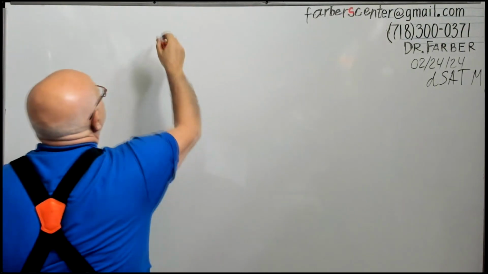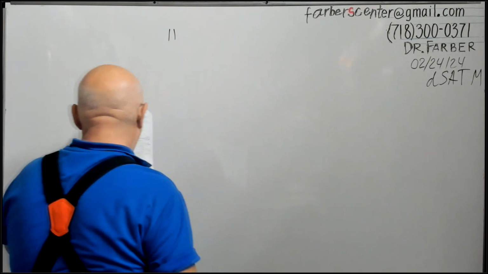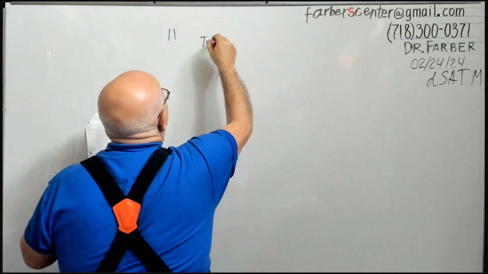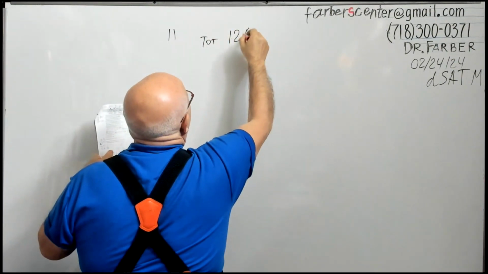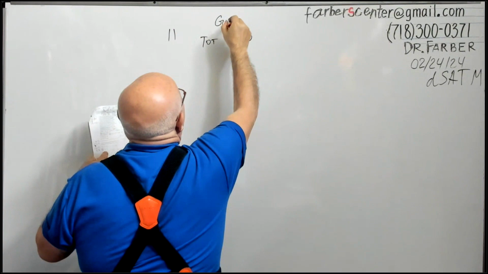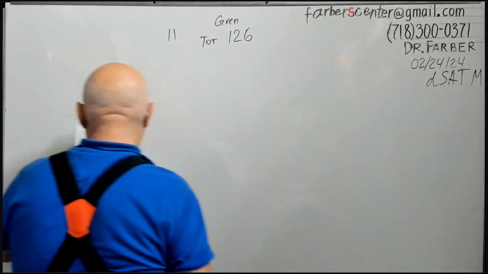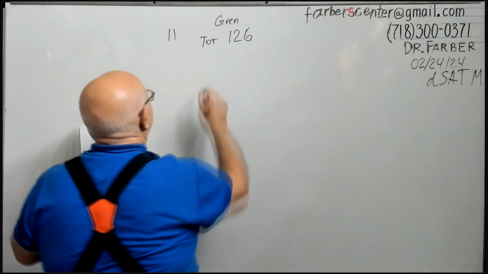Number 11. What do we know? We know the total. Total how many? 126. This is given. And what else? 9 successful.